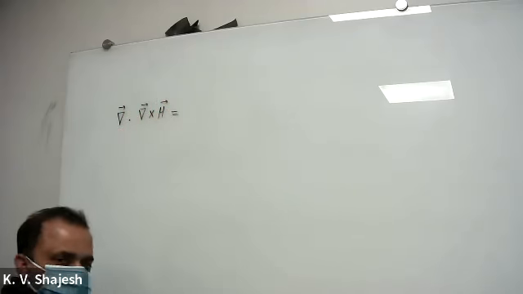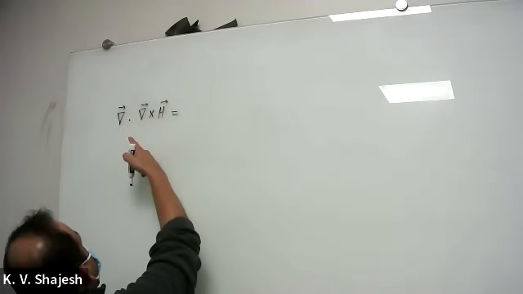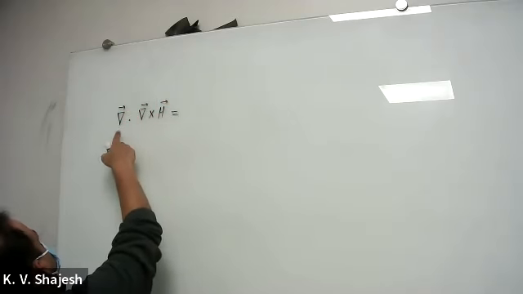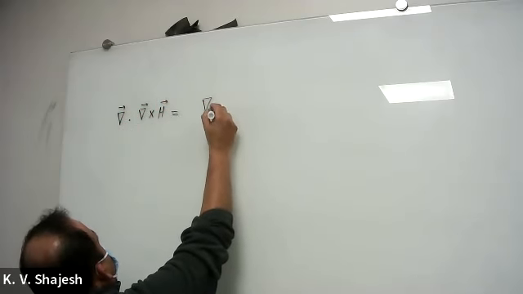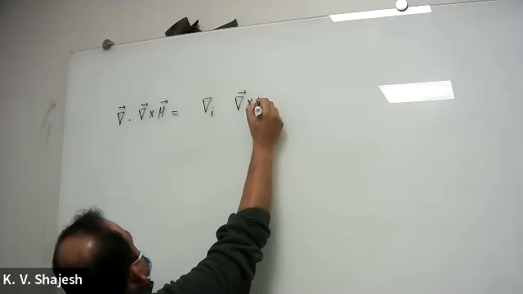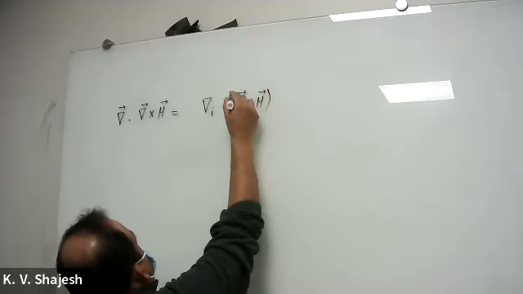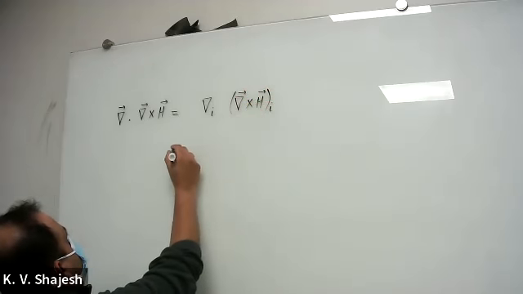Let's use index notation, I think some of us like it. So this is a curl and that's a divergence. So this is del_i of the ith component of del cross H. Good. That's a way of doing this in index notation.